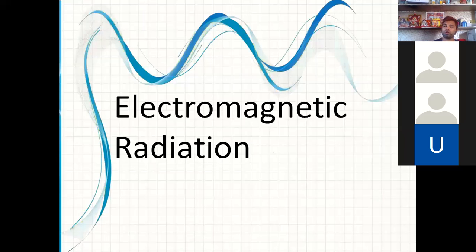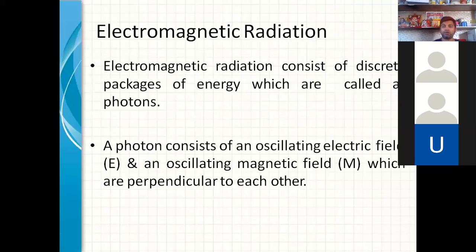Now before going to the principle and other aspects, we should know about electromagnetic radiation. What do we understand by electromagnetic radiation? Electromagnetic radiation consists of discrete packages of energy which are called photons.